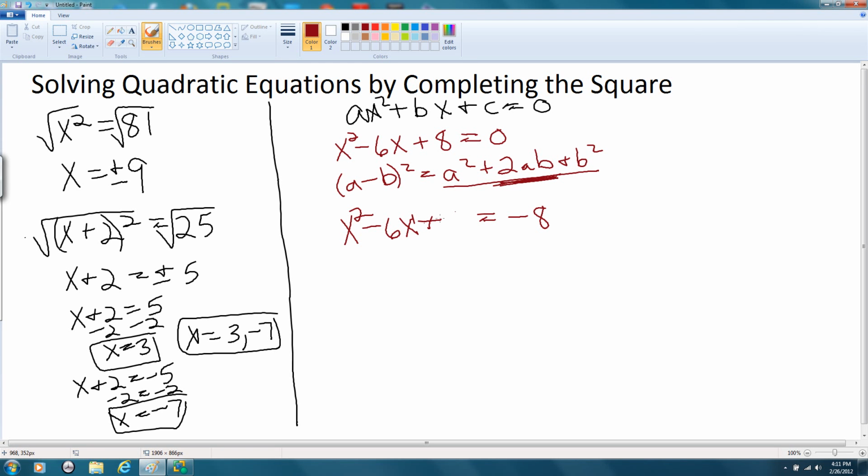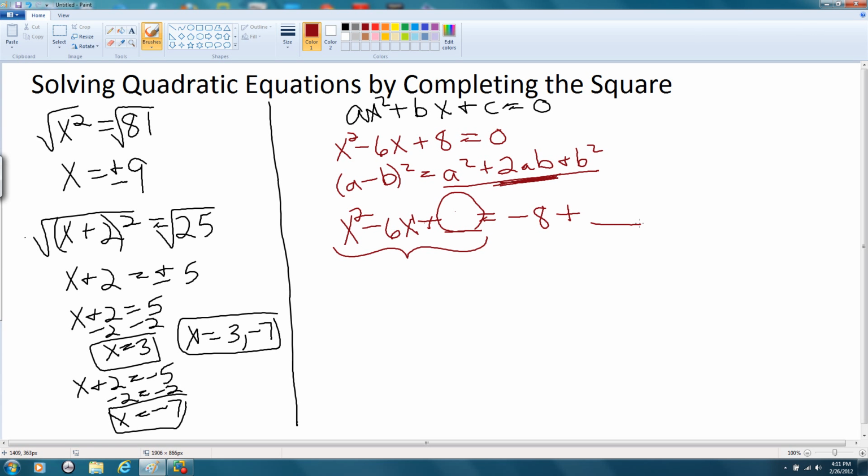I'm going to add something over here to make this an a minus b squared type of thing, so that I could factor it into something minus something squared. And the trick is, what do I pick here? And if I'm adding it to that side, I'm going to have to put it over here too.